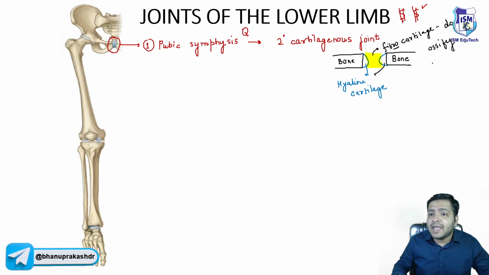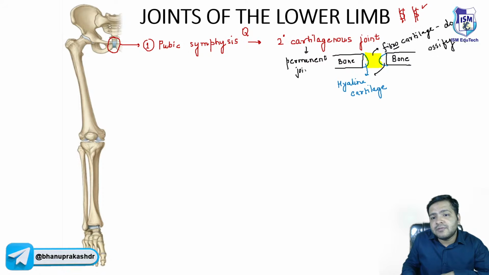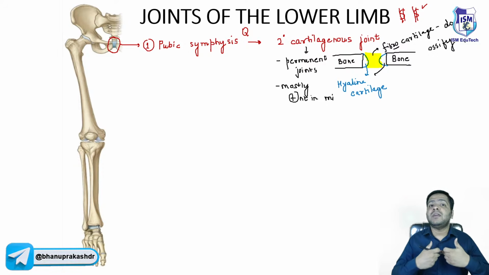So it is a type of permanent joint beta. And remember, these types of joints are mostly present in the midline of our body. For example, between manubrium and sternum, manubriosternal joint, xiphisternal joint.